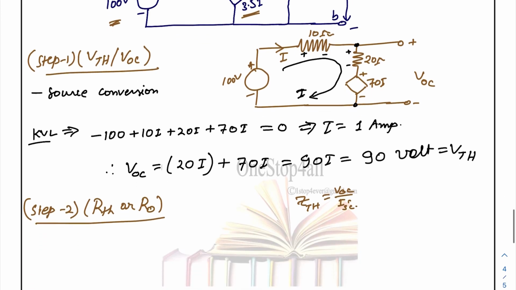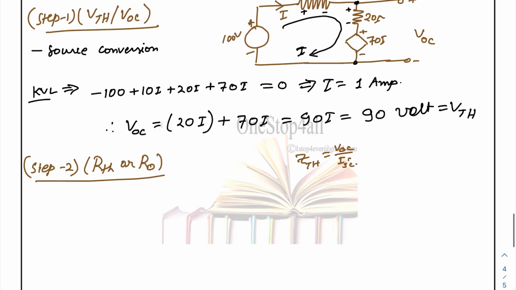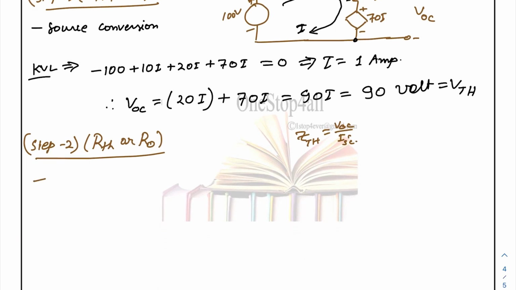So, why are we not following the conventional method? Because it is obvious that R naught, or we can say RTH, cannot be found.